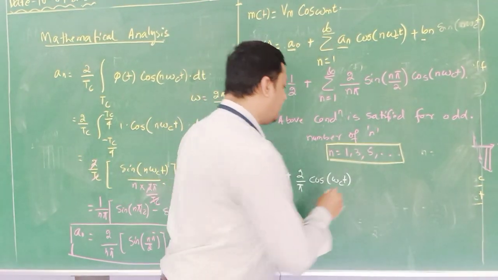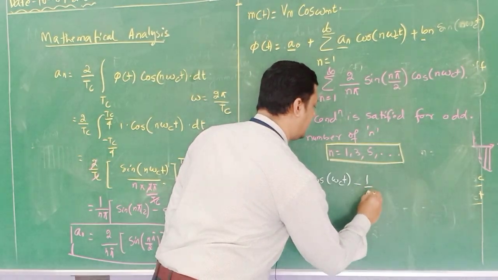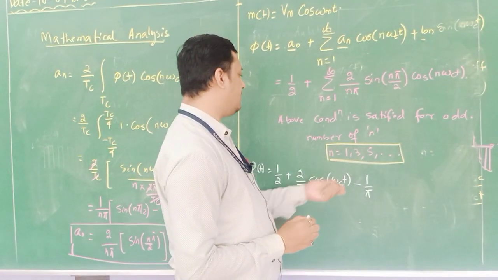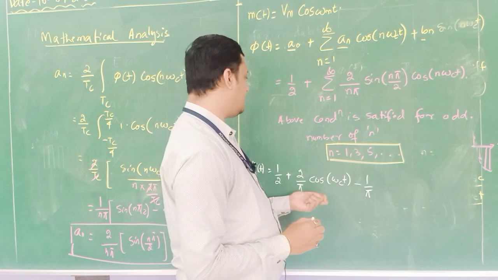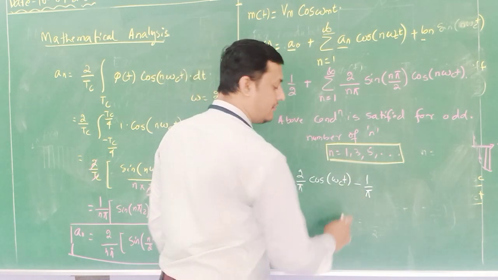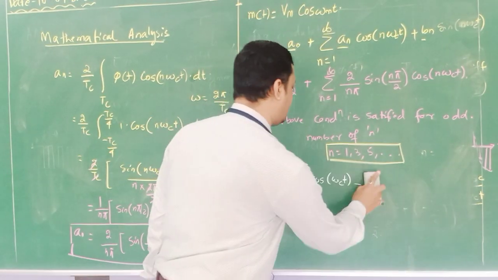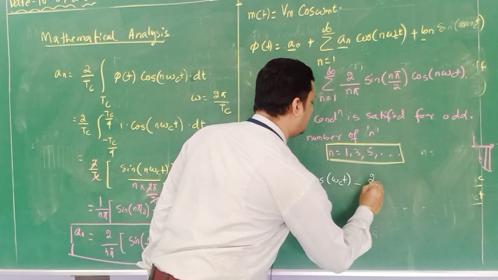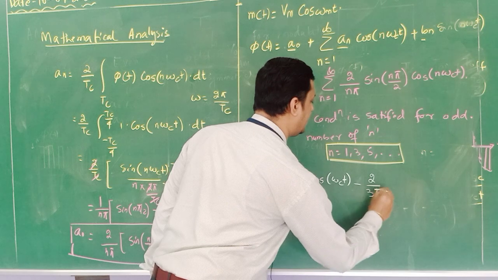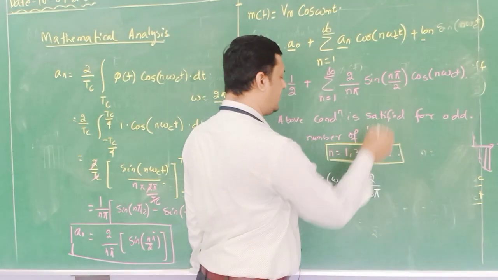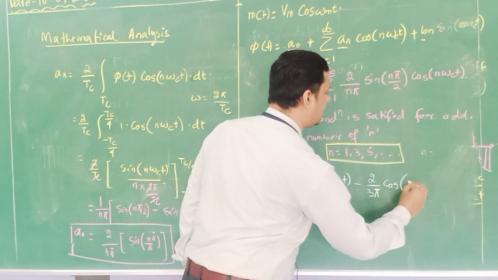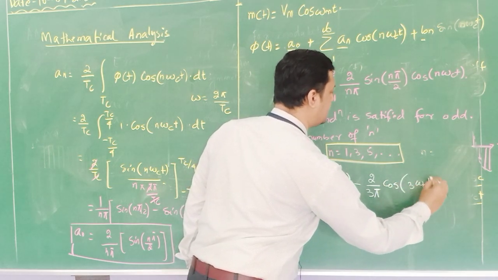Because we have substituted 3, we get minus 2 divided by 3 pi cos 3 omega ct.